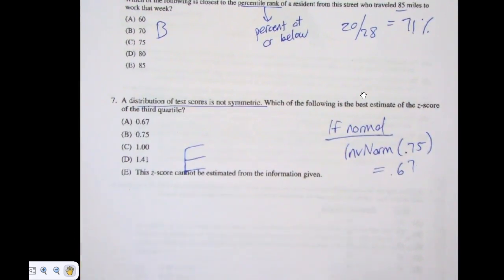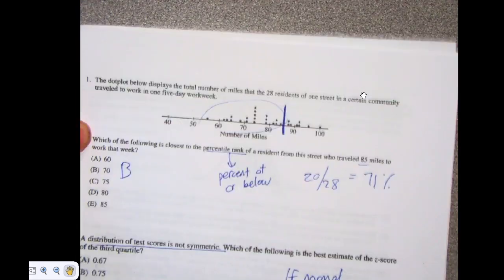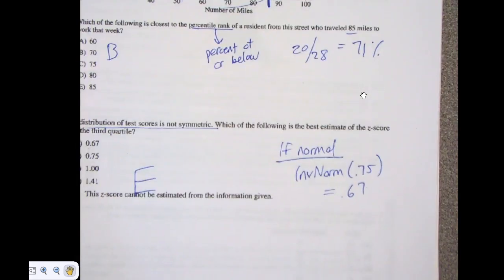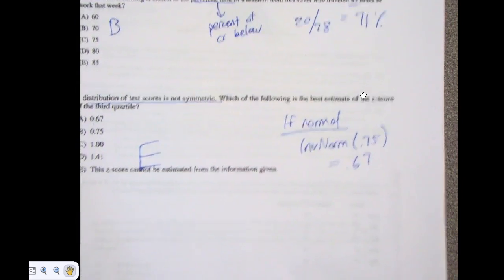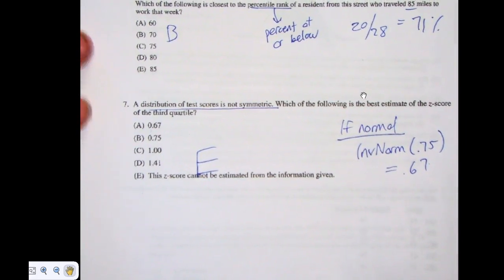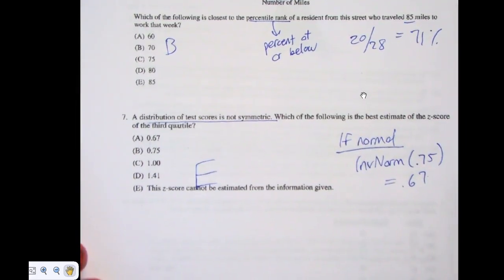If it was normal, I did the z-score formula, and I used the same data point they used on the top, 85, and I got a similar answer. For number one, that first part, I used the data point as 85 and plugged it in as the z-score first. Those are two separate questions. So you couldn't do that.